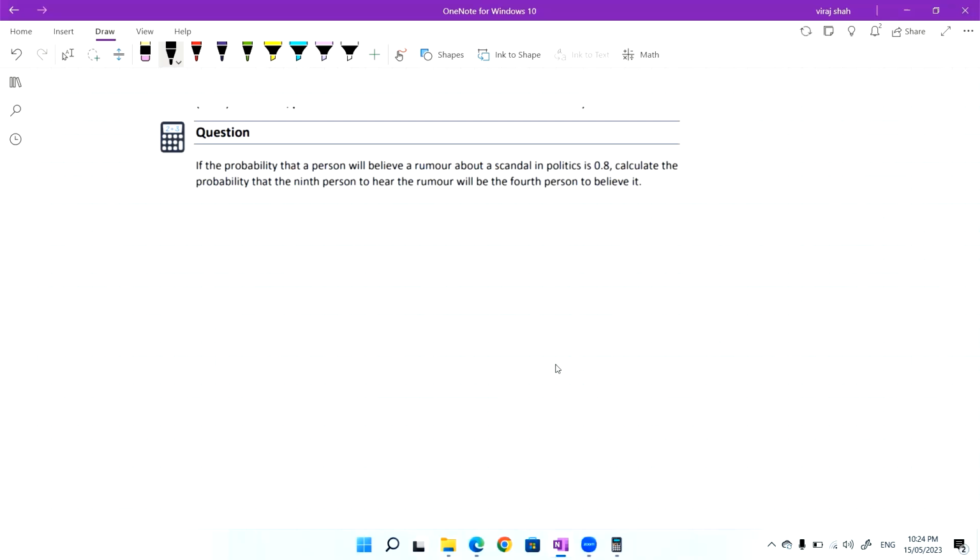So the number of successes in this case is 4. So k is equal to 4. Total number of trials, how many? 9. So x is 9. And the probability is 0.8.